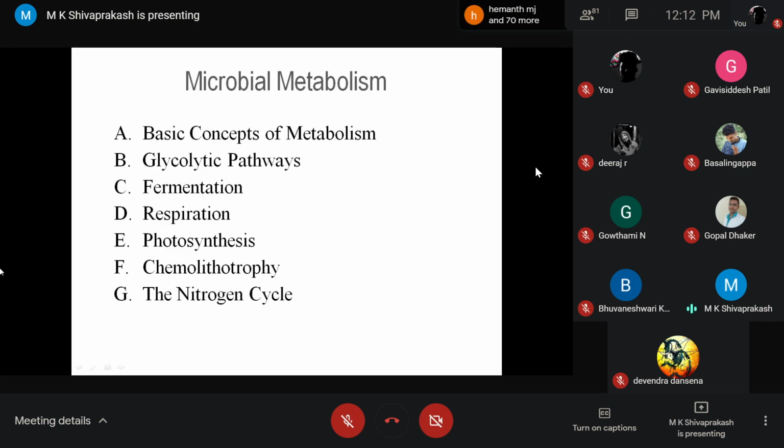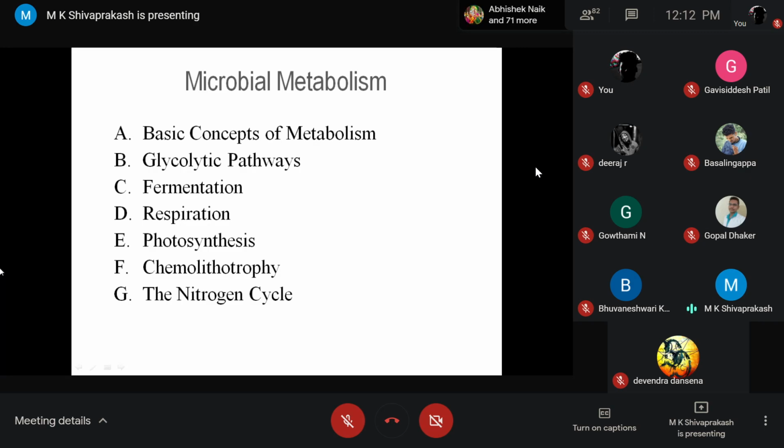So they are called enzymes. So the biocatalysts are the enzymes, and the chemical reactions that happen in a biological system are referred to as biochemical reactions.